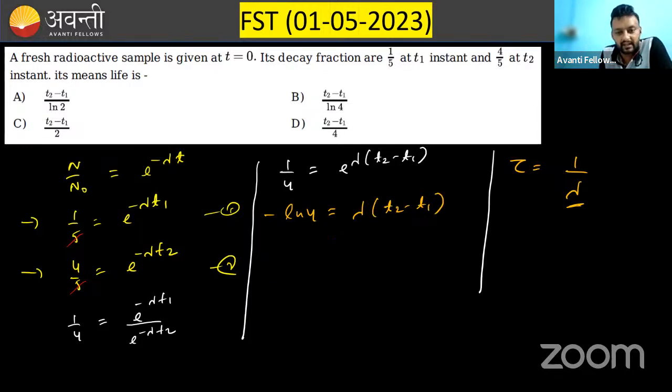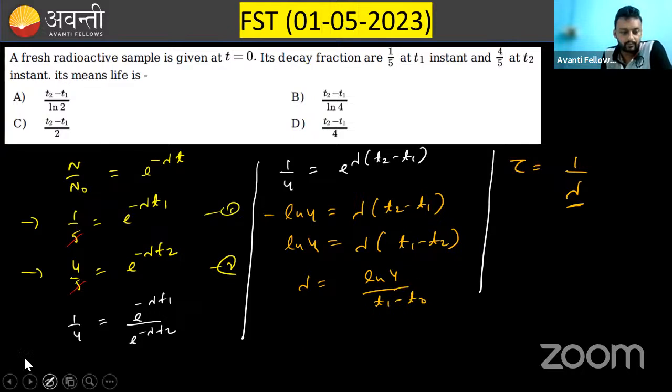Or we can cancel this negative sign as lambda t1 minus t2 ln 4. I have taken minus common here and minus minus gets cancelled. So lambda is equals to ln 4 by t1 minus t2.